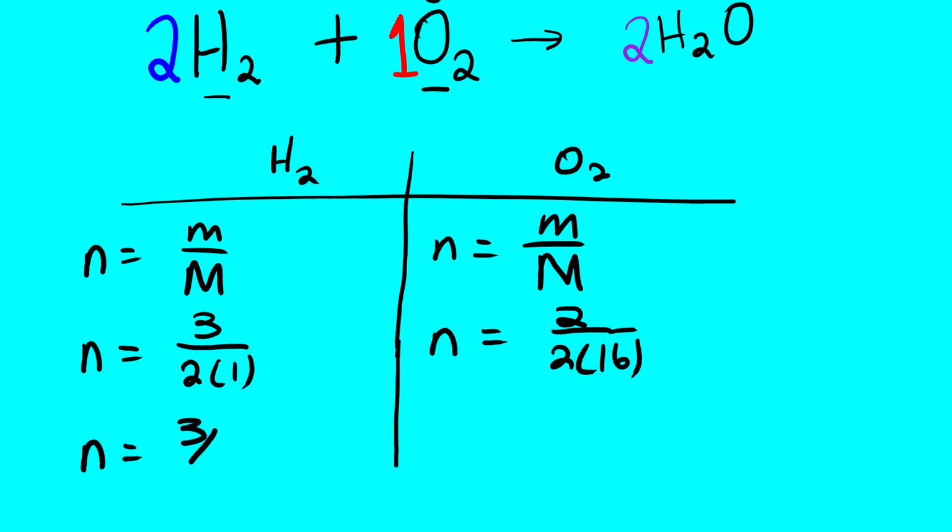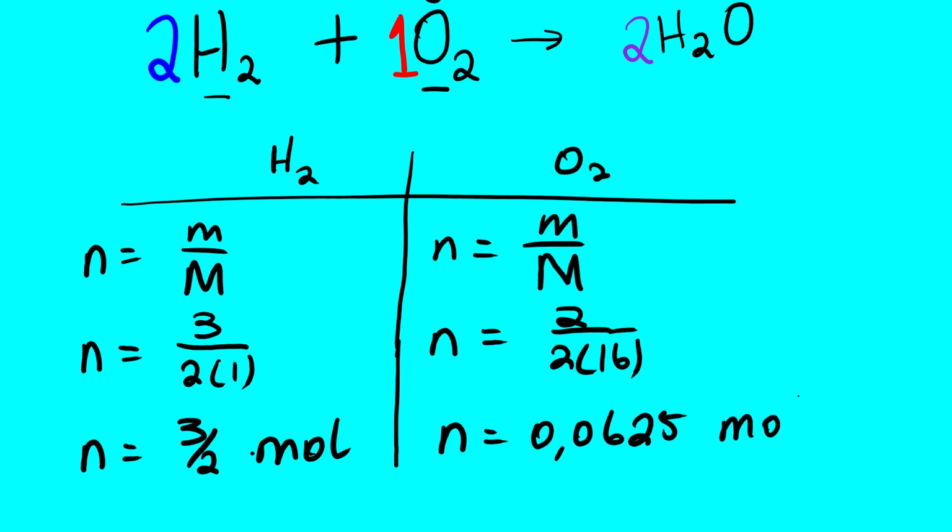Then we have 3 over 2 mole, and here we have 0.0625 mole. In most cases I advise you to round off to 3 decimal places. This is the same as 1.5 mole. Just make sure you round off to 3 decimal places.